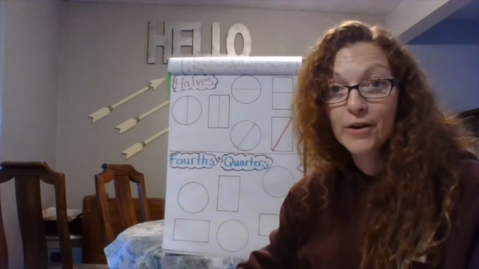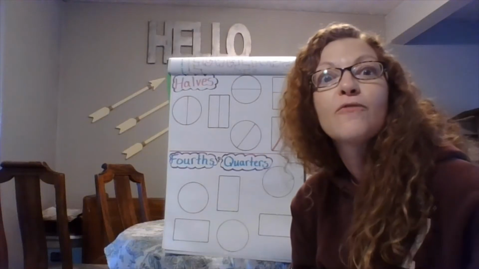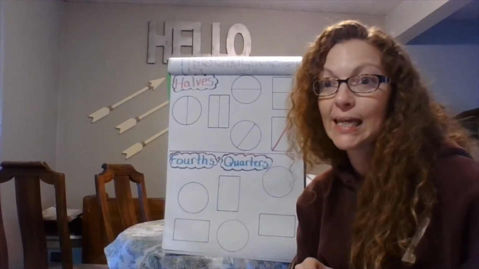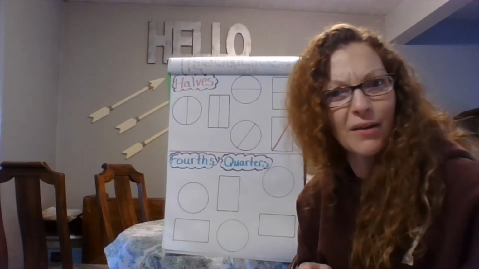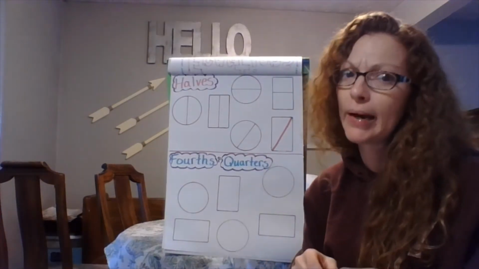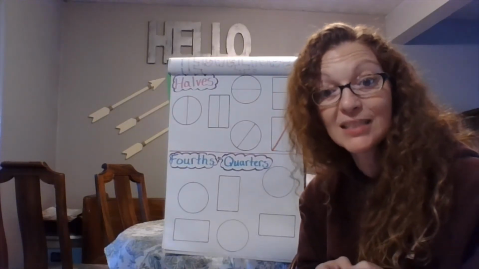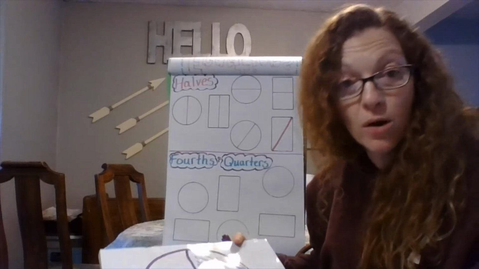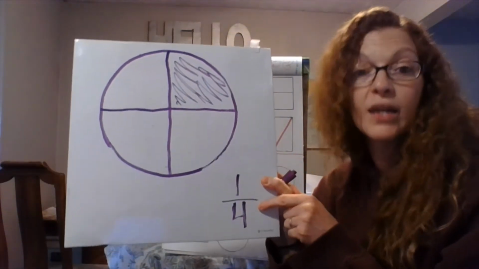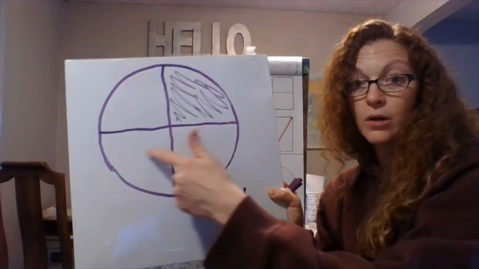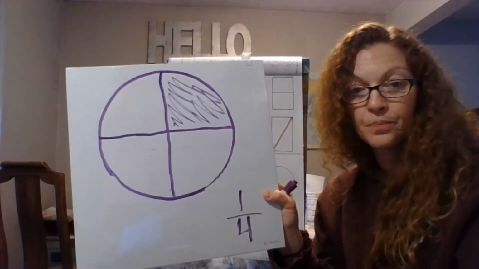There's 4 quarters in a school year. You get the report cards. There's 4 quarters in the basketball game, right? Because there's a half. Is there? It's been a while. 4 quarters, right, in the football game. So we can call them fourths or a quarter. So we can call this one 1/4 because there's 1 quarter, 1 quarter, 1 quarter, 1 quarter. But I only shaded 1 quarter.